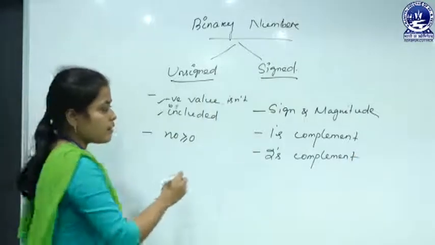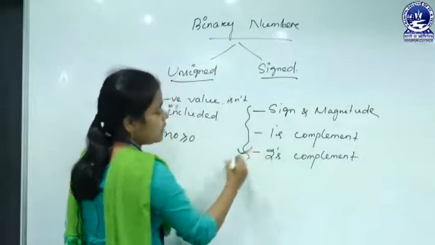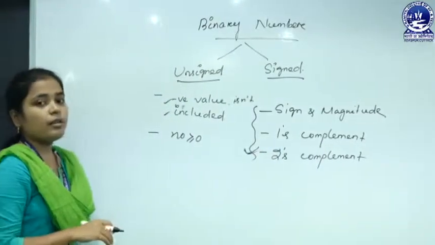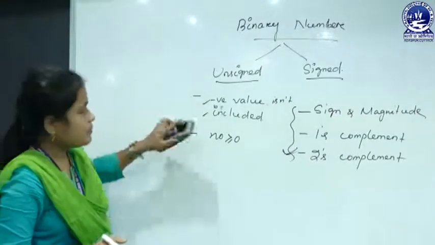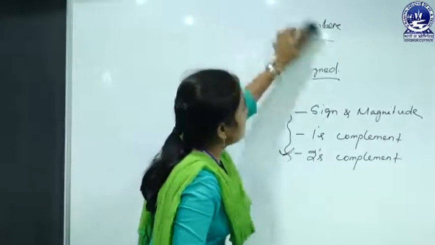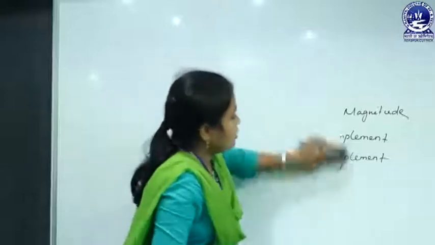Between these 3, twos complement representation is most preferred in computer systems. The reason I will tell you later. So, let us see how we will represent a signed value in these formats.